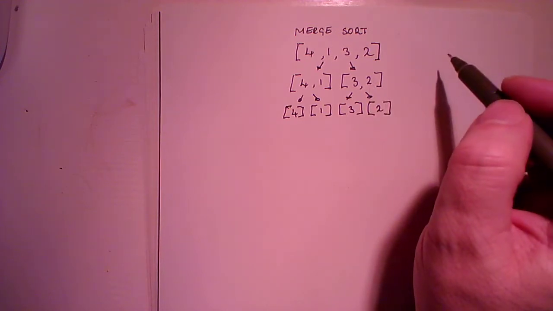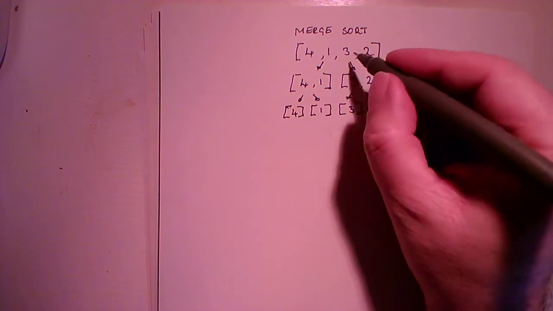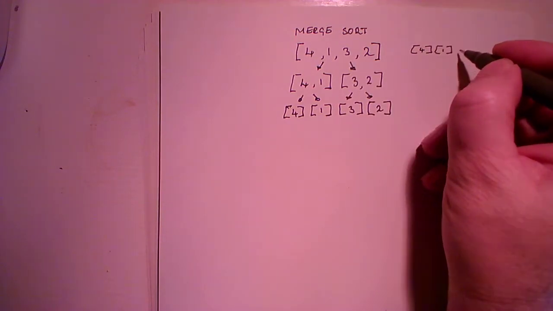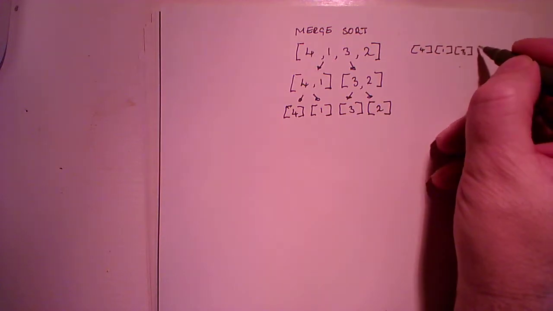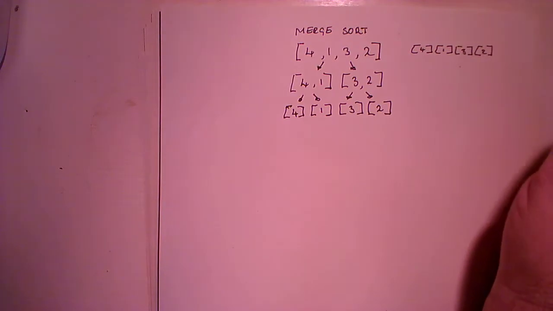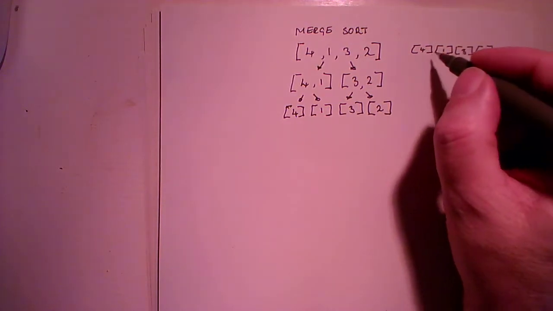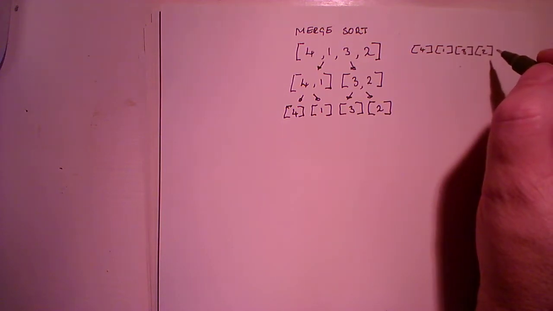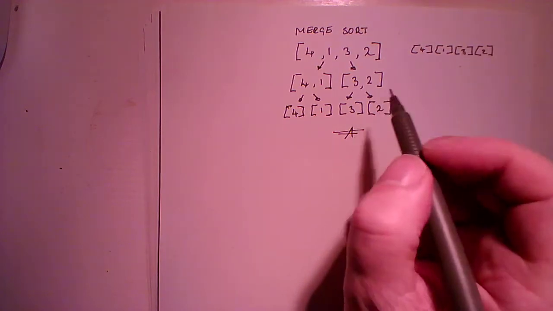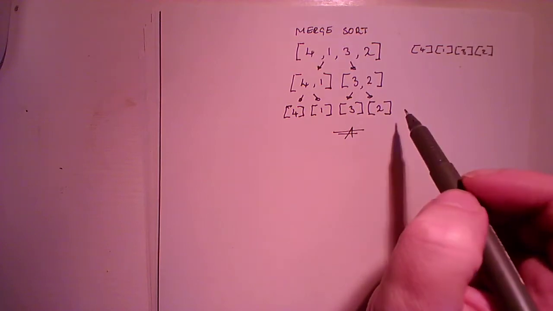But if you notice, we could have just looked at this at the top, 4, 1, 3, 2, and just done 4, 1, 3, 2. It's never going to change, and really that's what I'm going to start off with, and that's what I expect in the exam on how you write it out. So I'm going to underline this. You've seen that method of breaking a big list down into single items.